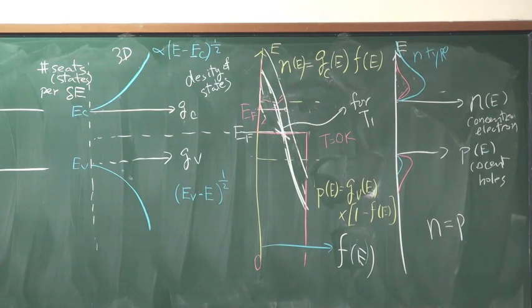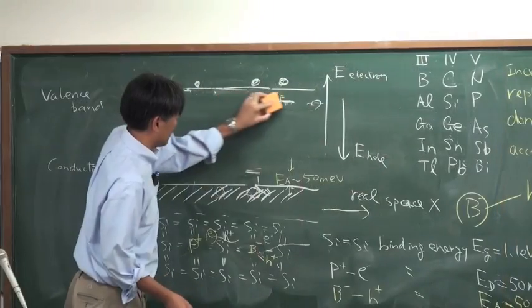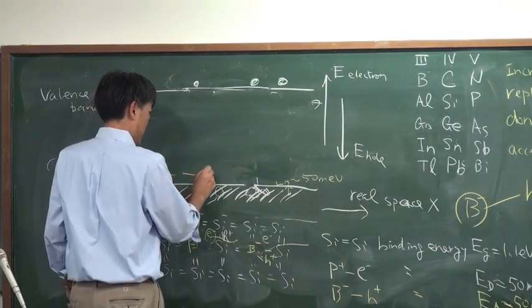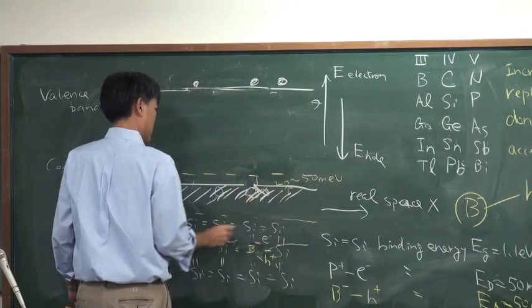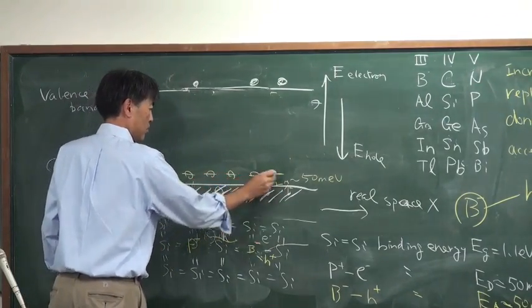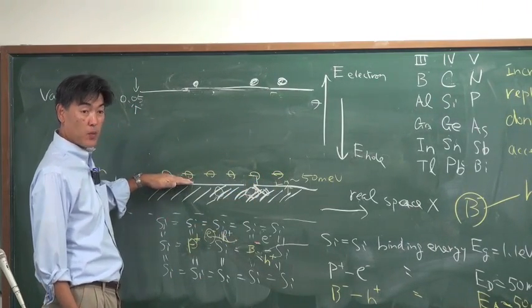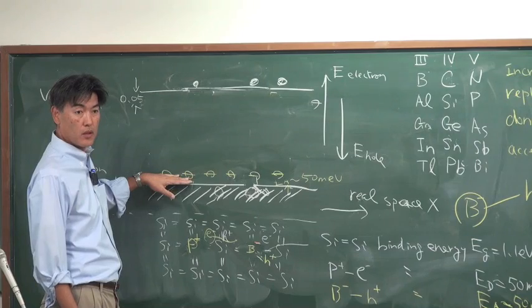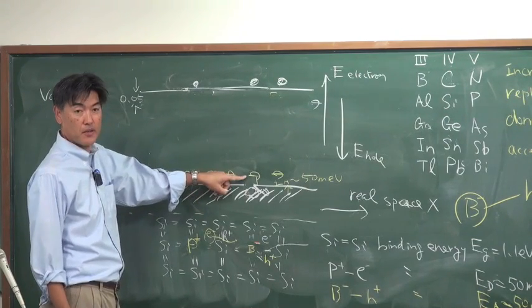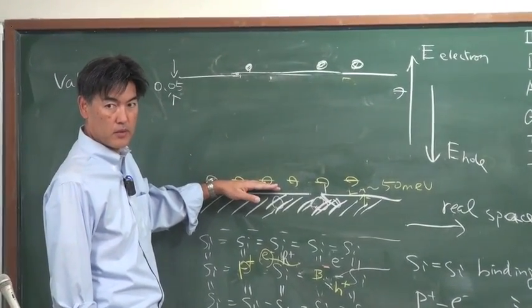Likewise, we use the same argument in the case of acceptor-doped semiconductors. We have all these holes here. And in this case, the Fermi level is somewhere here. Electrons here, empty states here. So the Fermi level is close to the acceptor level.